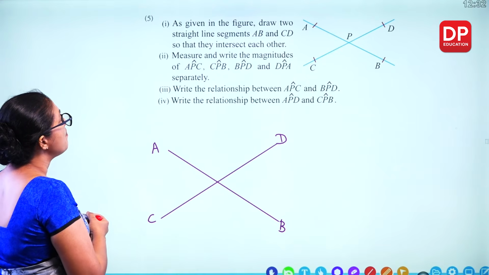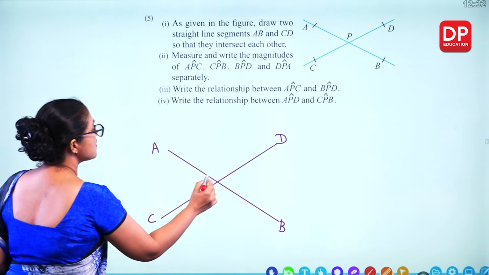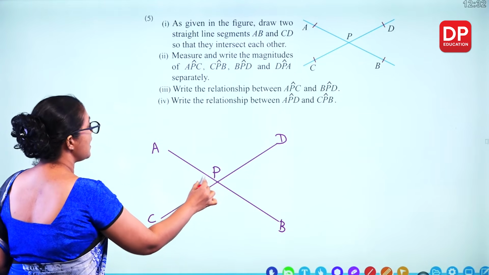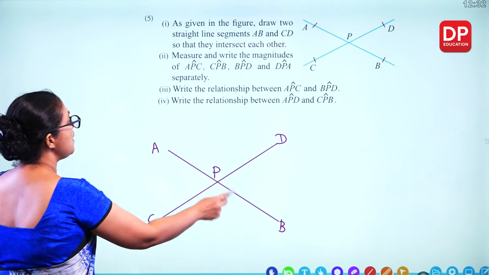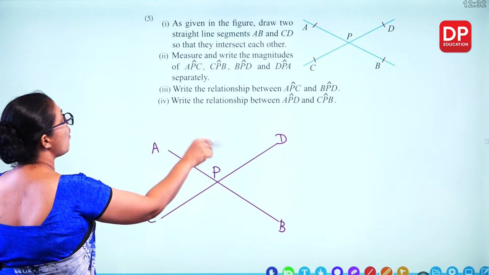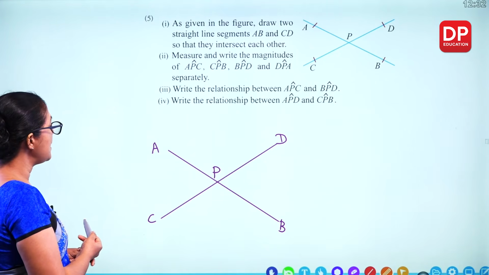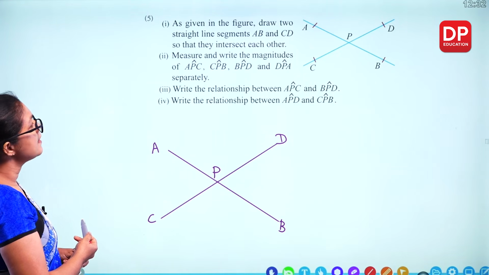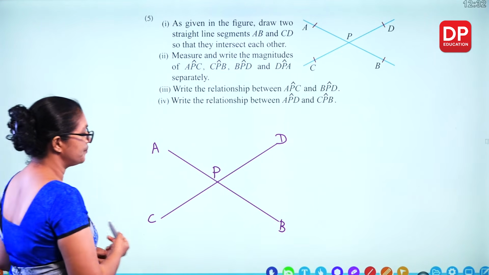Measure and write the magnitudes of APC. This is the P point, APC angle. CPB, BPD and DPA. All four angles. Write the relationship between APC and BPD. So we'll do that.